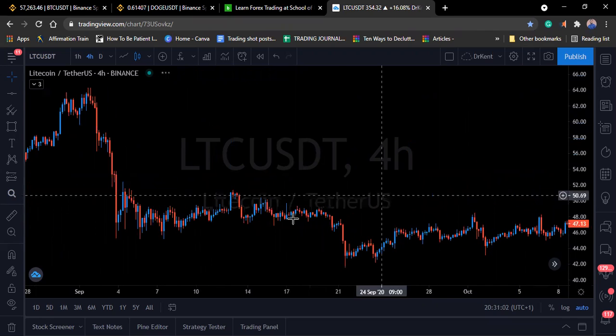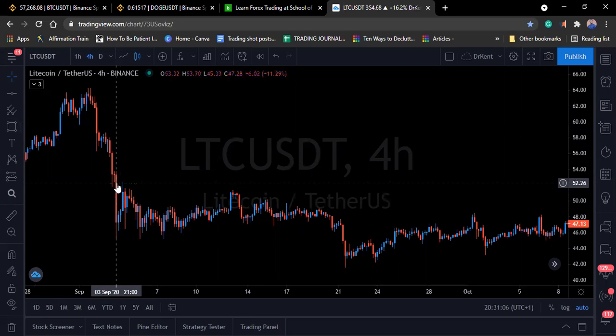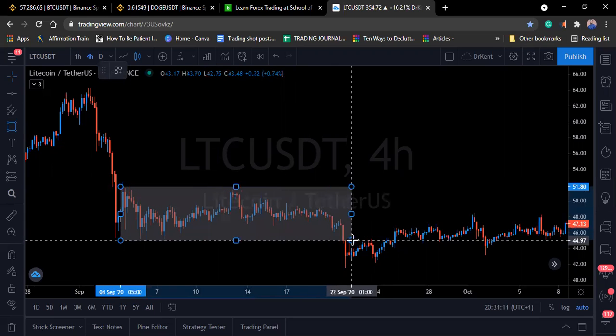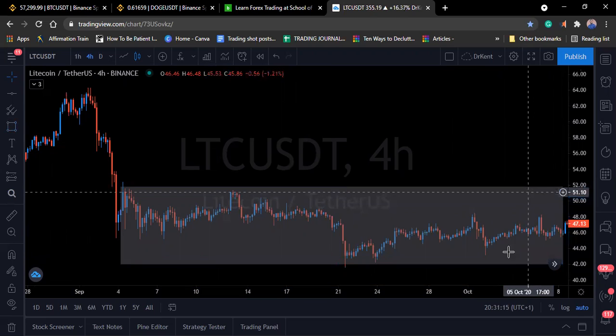So this area now, the whole of this area here, for the whole of this period, you can call it a ranging market.